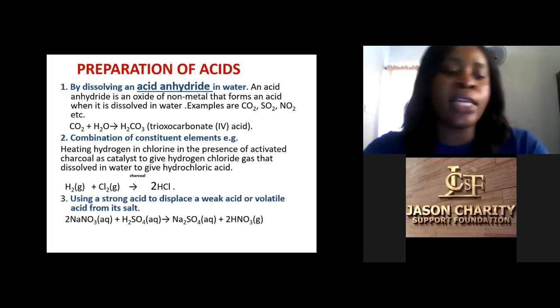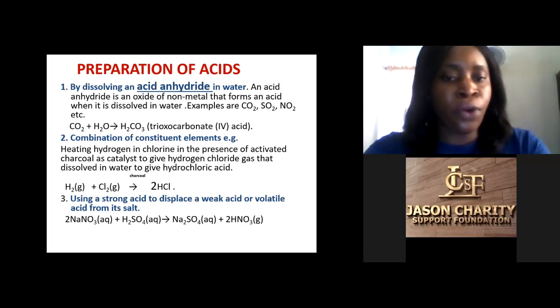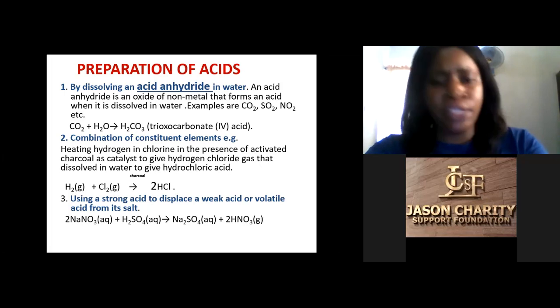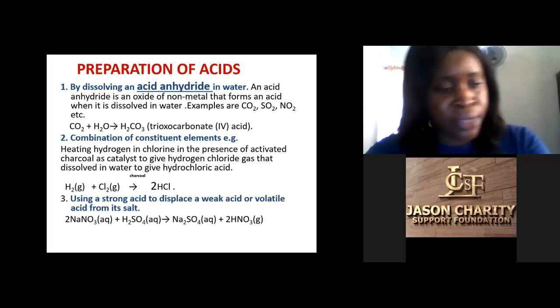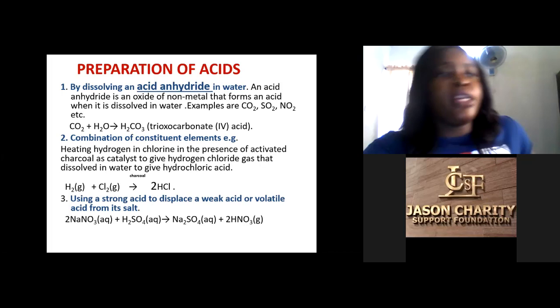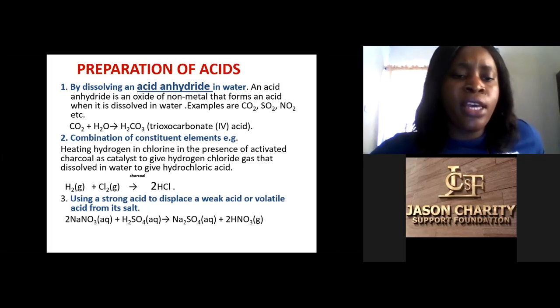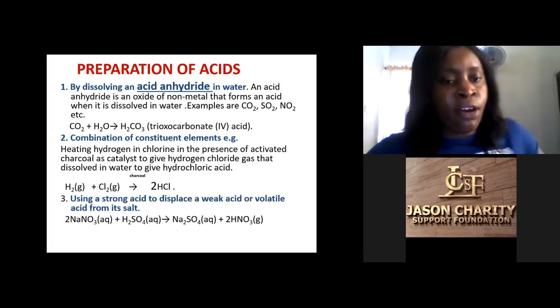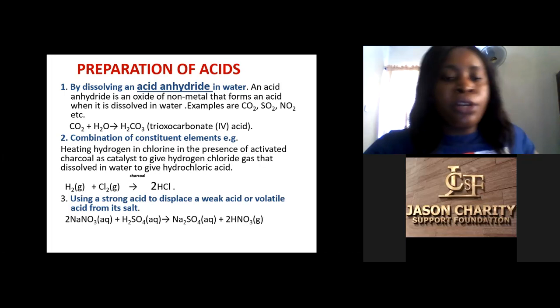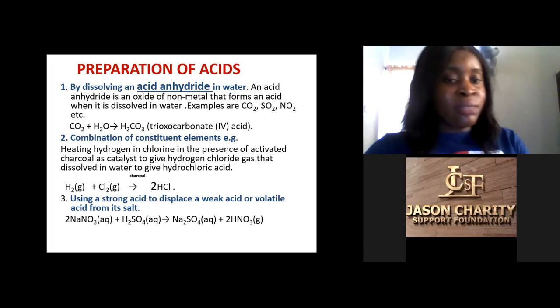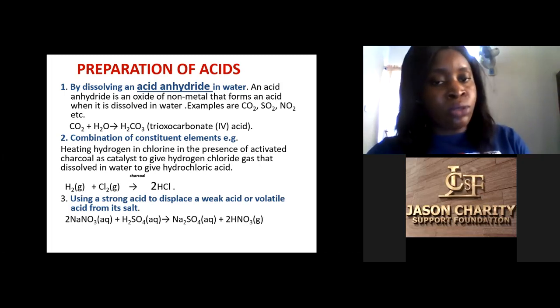Now, the reason why sodium can easily displace hydrogen to form sodium sulfate is because, going back to what we call the activity series of metals, or the electrochemical series, sodium is above hydrogen in that series of metals. So therefore, since sodium is higher in the hierarchy than hydrogen, sodium can easily displace hydrogen to form what?